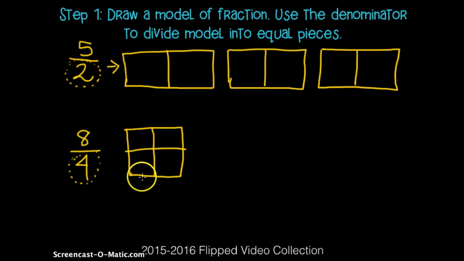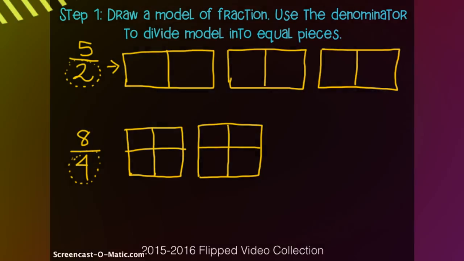Each time I draw a new model, it's going to look the same. I need to then look at my numerator to see how many of those pieces I will have. Here I only have 1, 2, 3, and 4. My numerator tells me that I need 8, so I need to draw my model again. That was step 1, draw the model of the fraction.